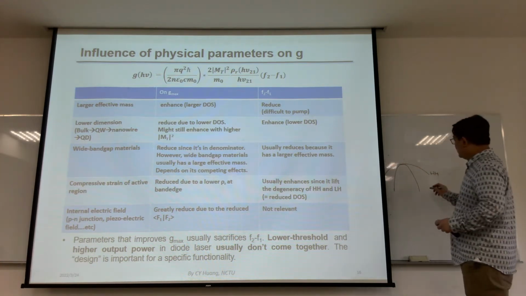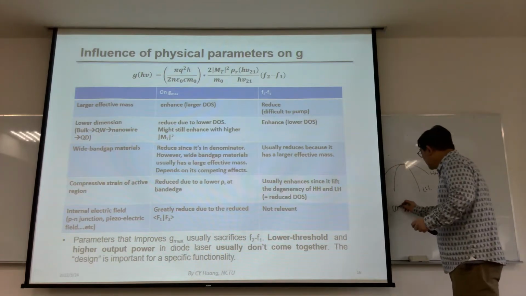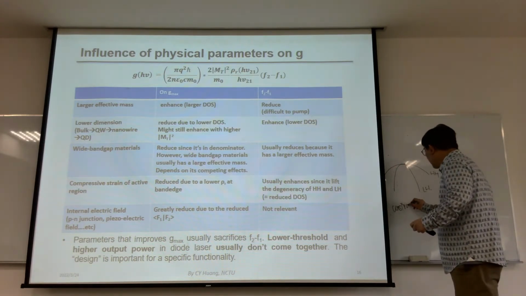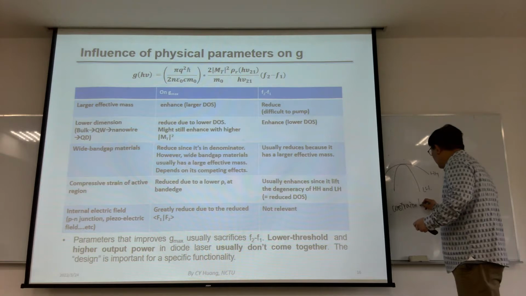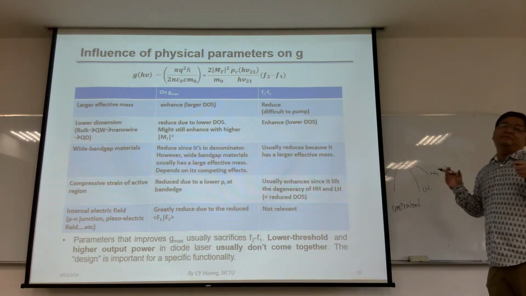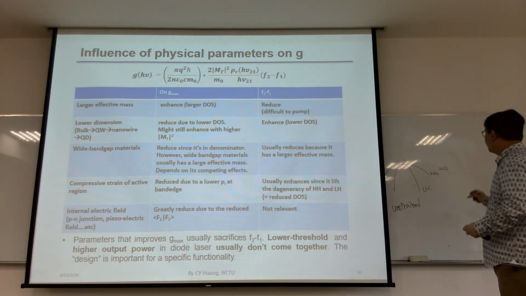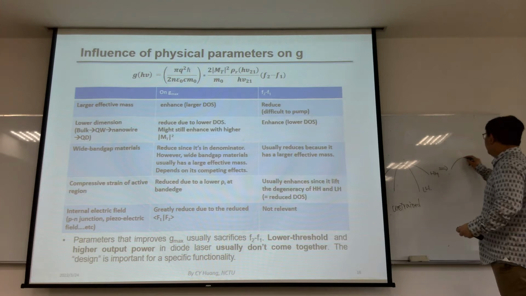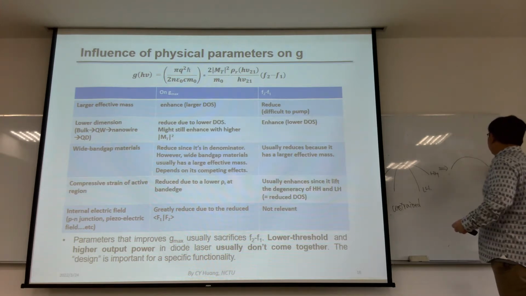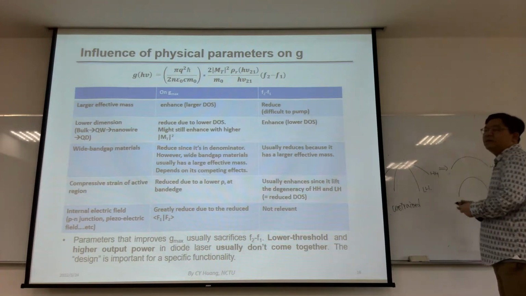This is light hole. This is unstrained. However, if you grow it on a substrate with a smaller lattice constant, you compress it. So that will make it like a heavy hole, light hole, something like that.